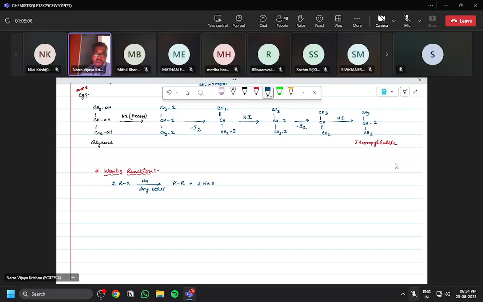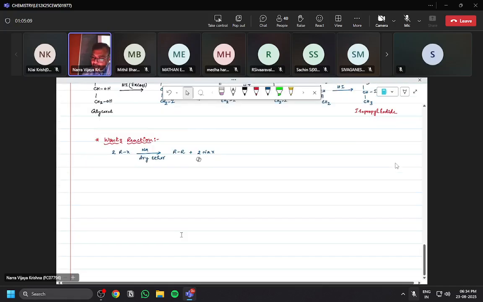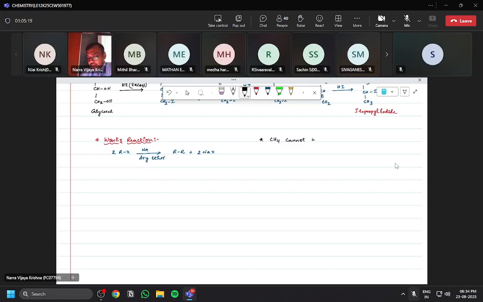By this method, methane cannot be obtained. Wurtz reaction is suitable for symmetrical alkanes. Both R groups must be the same, then it is called symmetrical. If it is unsymmetrical, then you will get many products.